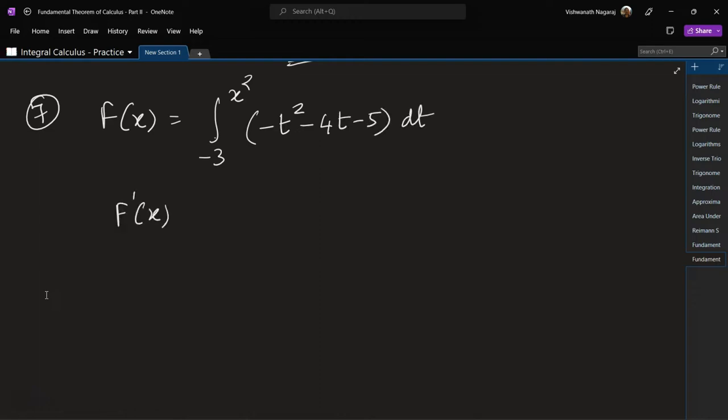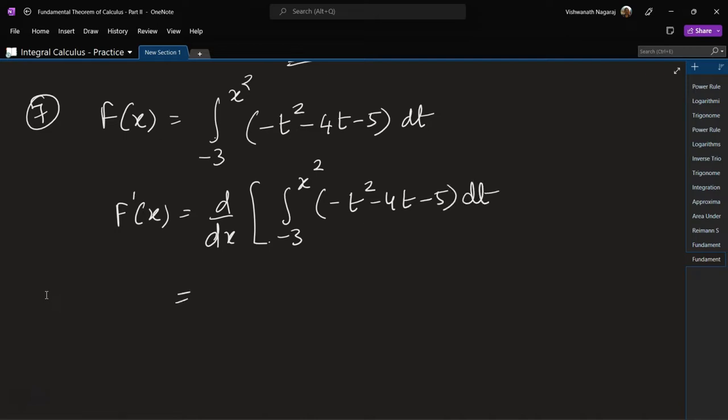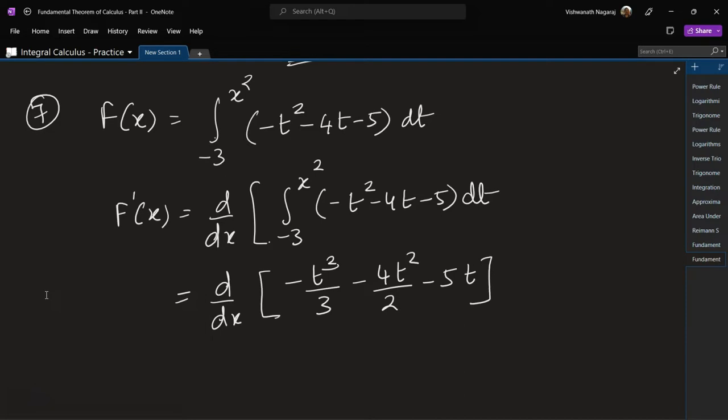F prime of x is equal to d by dx of integral minus 3 to x square of minus t square minus 4t minus 5 dt, which gives us d by dx of minus t cube by 3 minus 4t square by 2 minus 5t from minus 3 to x square.